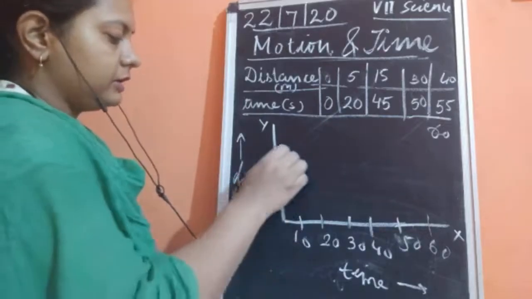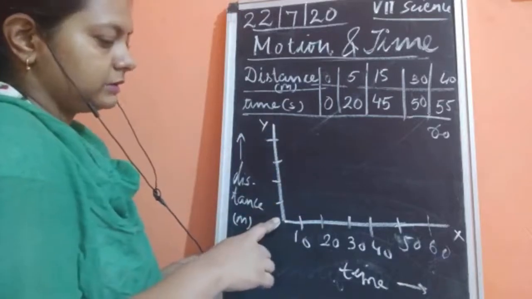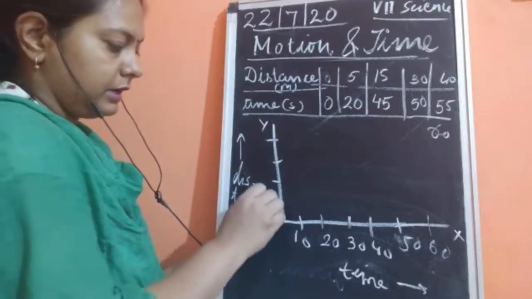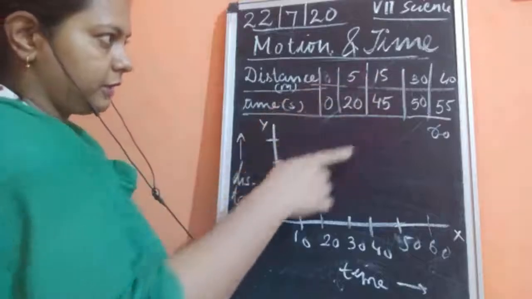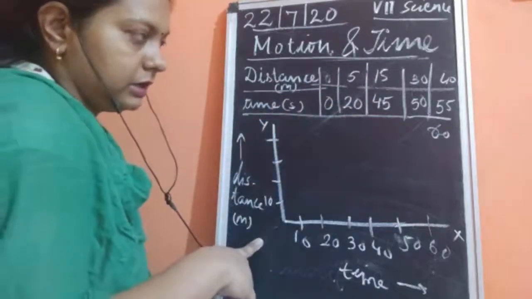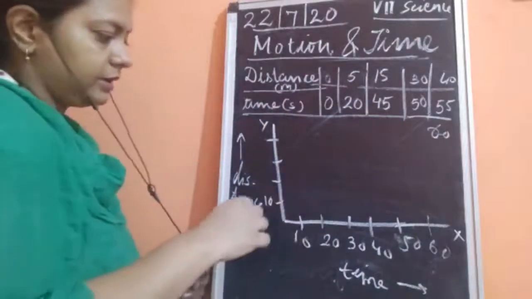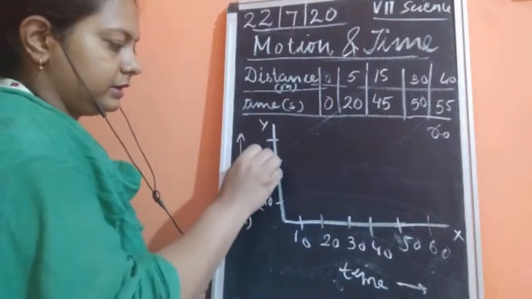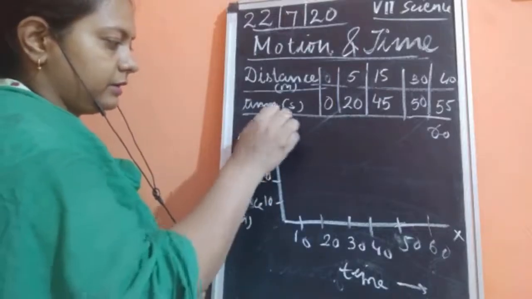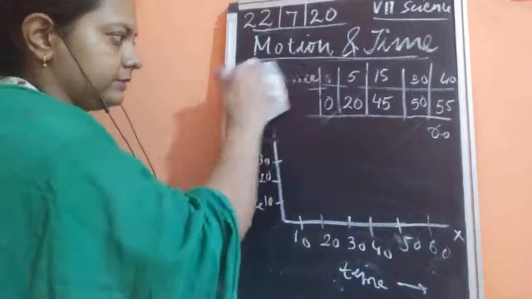Now you need to draw this. For distance you need to take 0 till 60. Again, you will draw here 10, 20, 30, 40, 50, and 60.